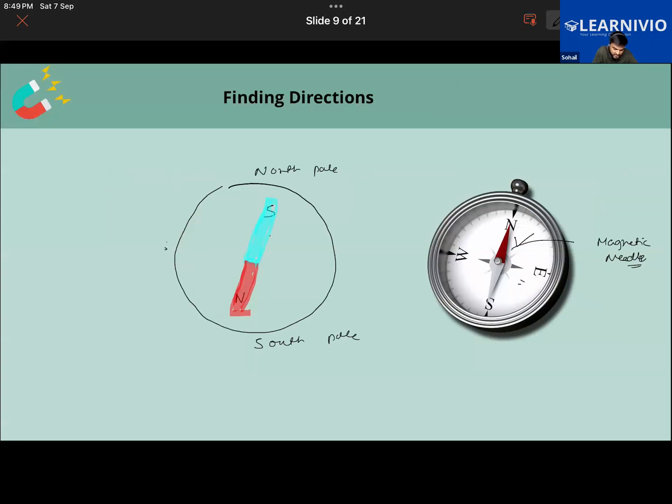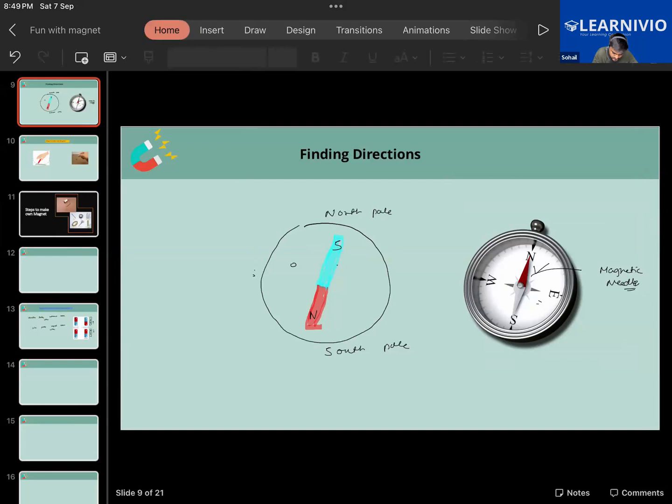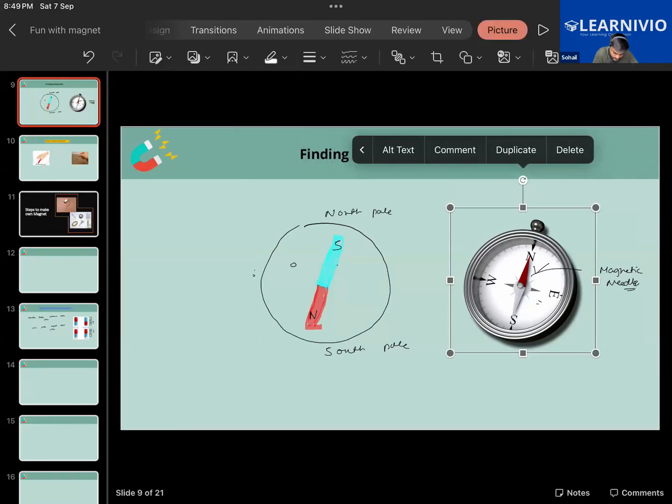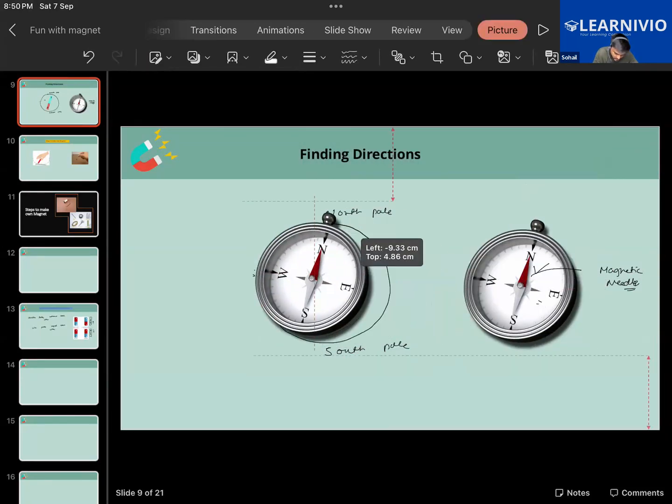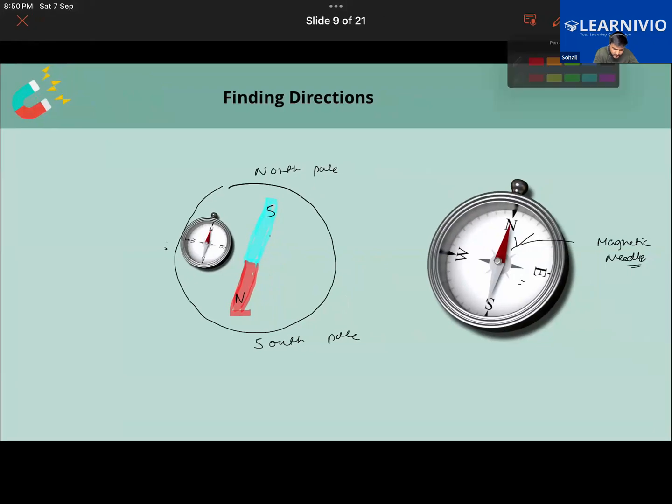Now imagine you are holding this piece of magnet over here. Now better. So imagine you are holding a piece of magnet standing on the Earth, and it is in a position of rest. It is pointing in the north-south direction.